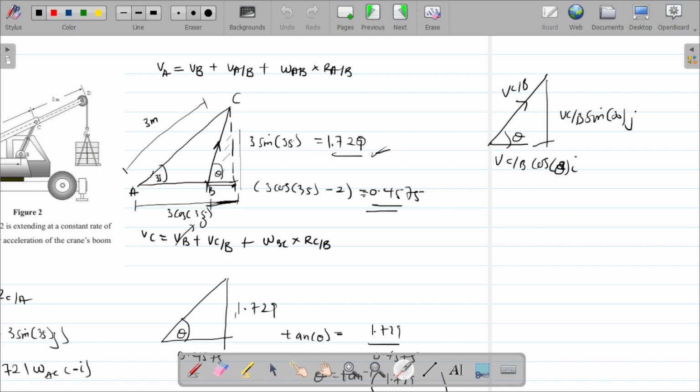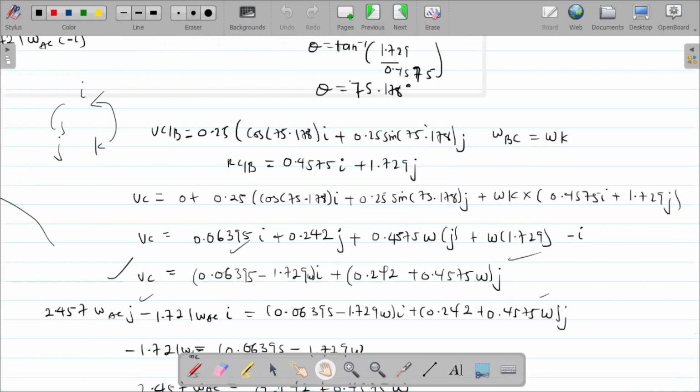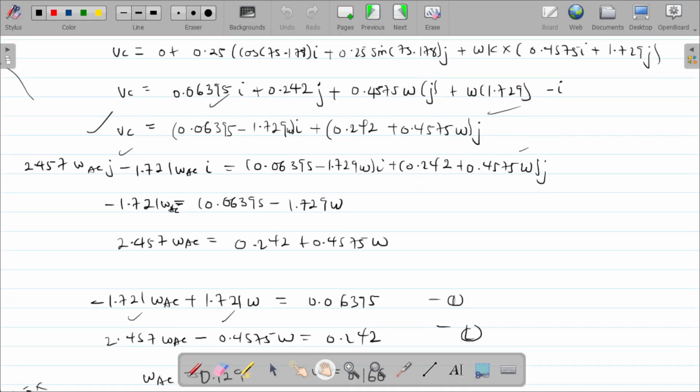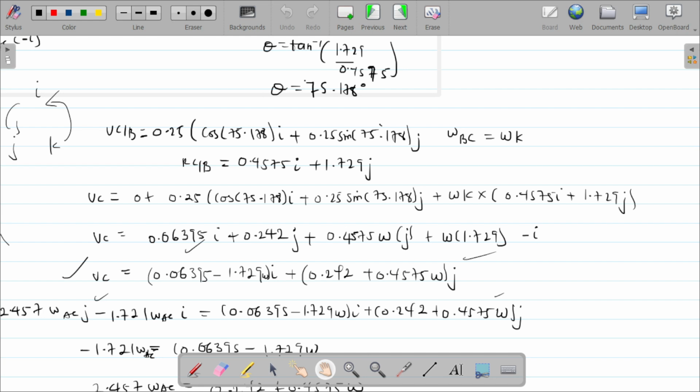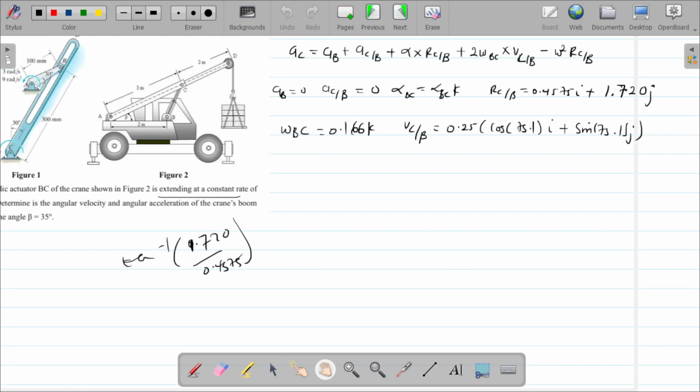Then we find the component. I think we did that down here. So V of C relative B was what? 0.25 cos of the angle and then sine of the angle, and we had these expressions, but we didn't even simplify here. So we know V of C relative B. What else don't we know? Omega we know, R of C relative B we know. So from here we can just go ahead and start working.